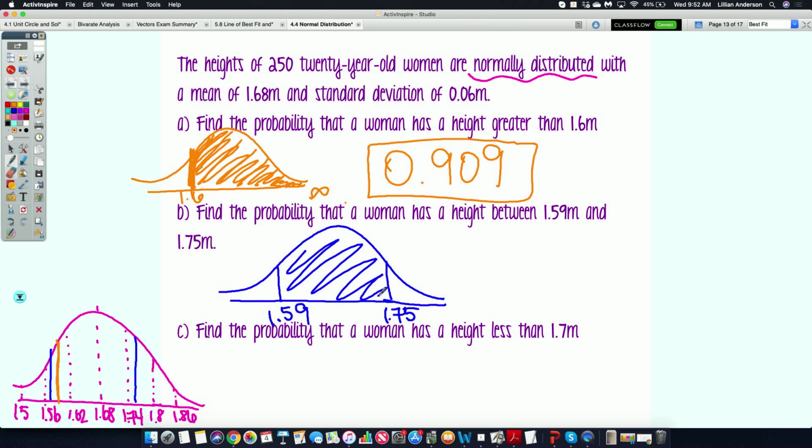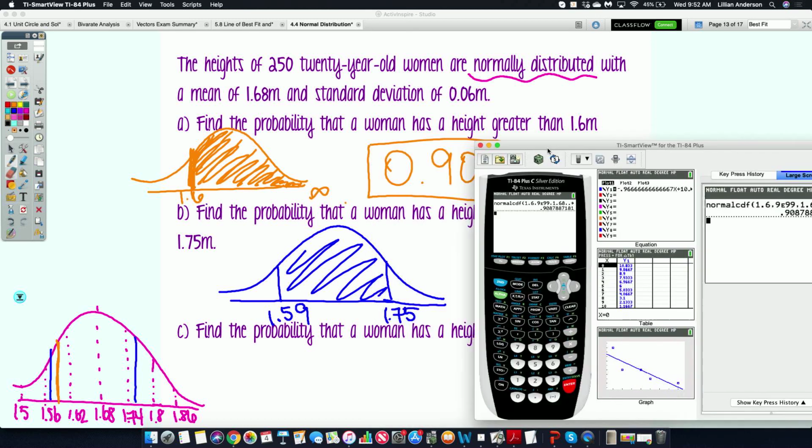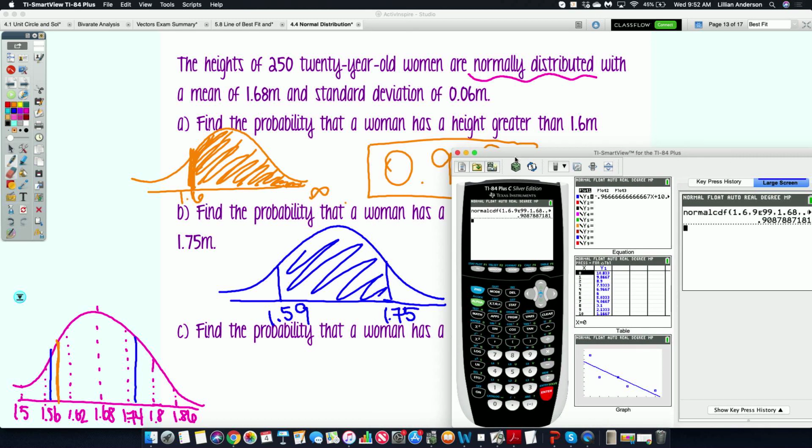So when I look at this, what's my lower boundary? 1.59. What's my upper? 1.75. So I go where again? Second bars. Option 2. 1.59. 1.75.